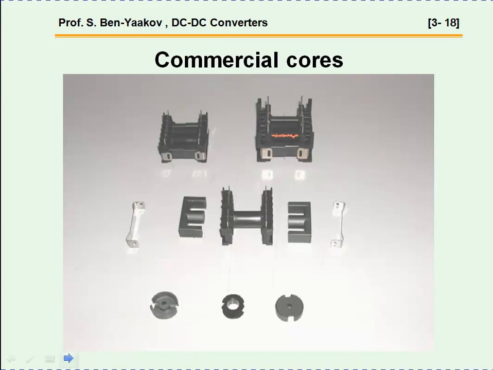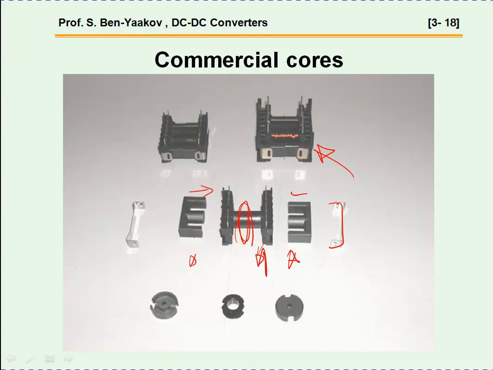And here is just an example of an E-core, or actually it's a D-core. This is the bobbin. Here are the two parts of the core, which go inside, and these clips are closing on it, and then you put the winding on it, and here is a wound element.